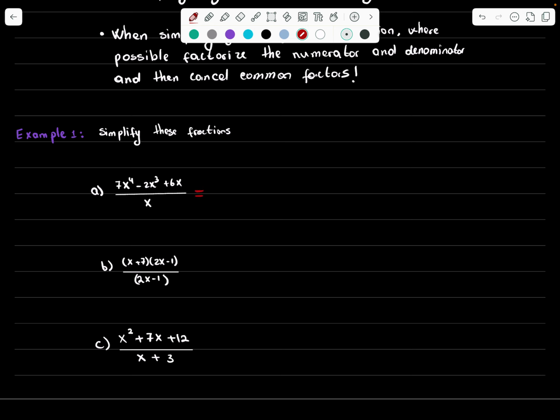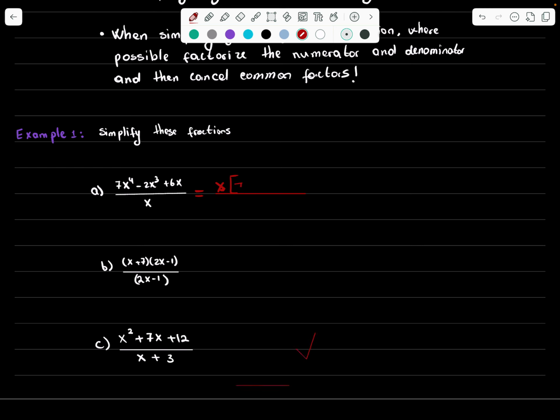The way I'm going to do that is by factorizing the numerator. As you can see, x is the common factor in the numerator, and I'm going to take x out. This is a factorization you presumably remember from IGCSE.